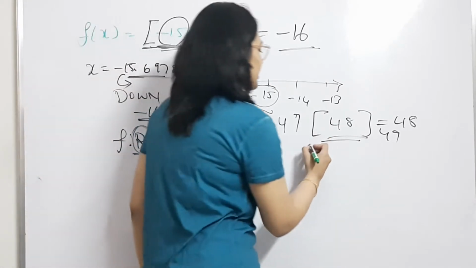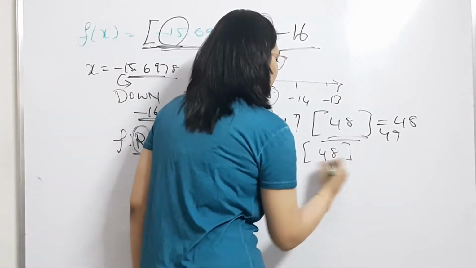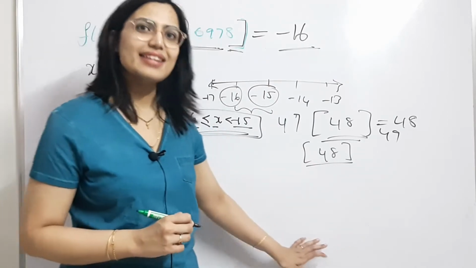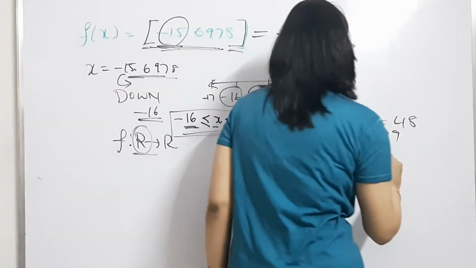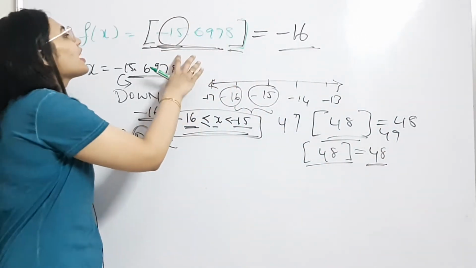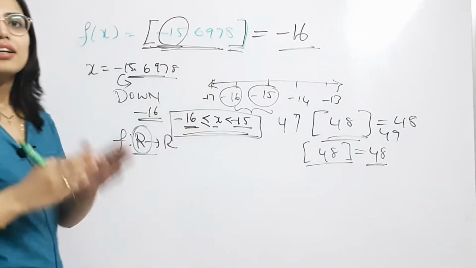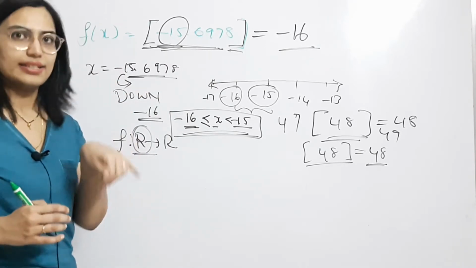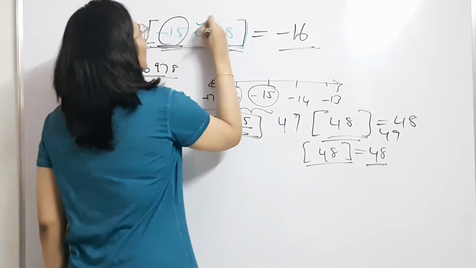So the greatest integer value, if x is an integer, 48 in this case, will just be 48. So step of any integer is just the integer. Step of any fraction will be the integral part, where you need to consider the greatest integer that is less than x, and the remaining part is called the fractional part.